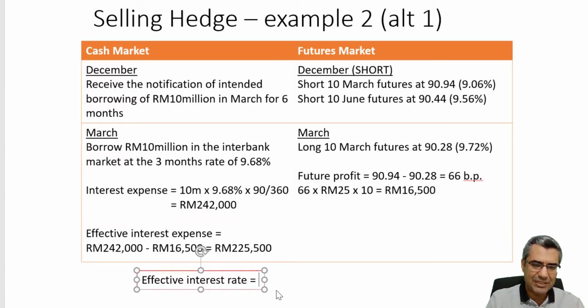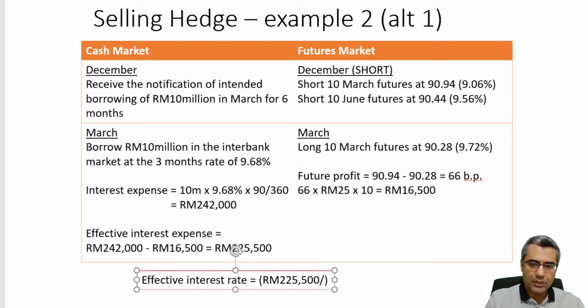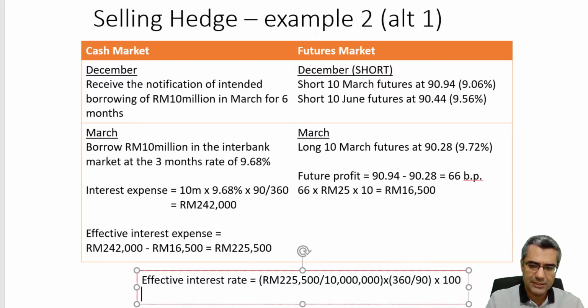So the effective interest rate is 225,500 ringgit divided by 10 million that I borrowed. Then this was for 3 months, but if we want to report the interest rate per year, we multiply by 4, and multiply by 100 to report it in percentage.